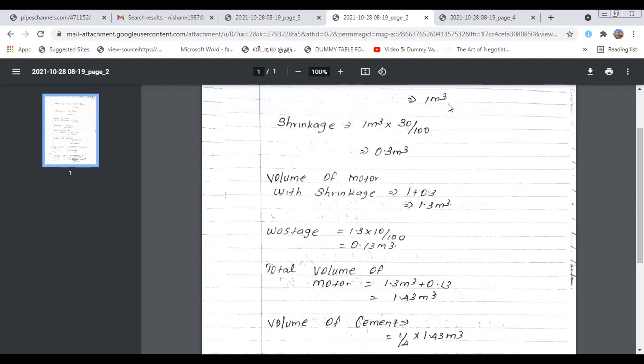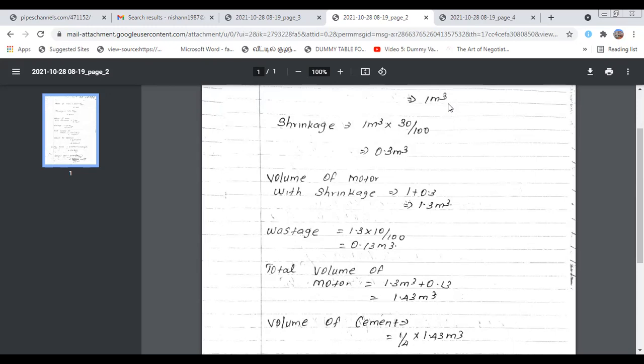Second, for the shrinkage, 1 meter cube into 30%, so 30 over 100 into 1 equals 0.3 meter cube. Volume of mortar with shrinkage: 1 meter cube plus 0.3 meter cube equals 1.3 meter cube.